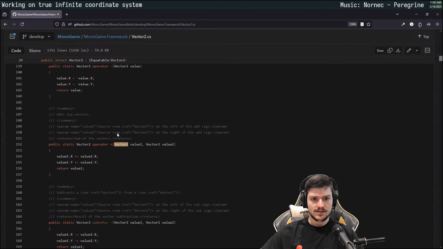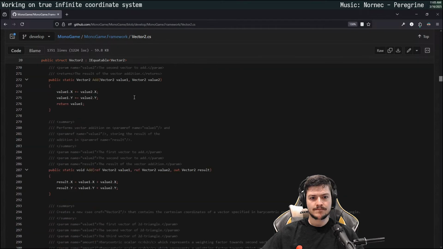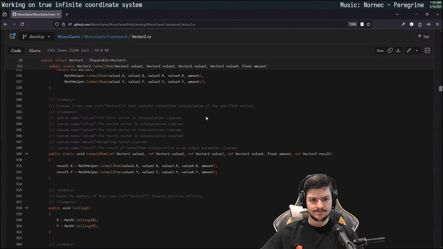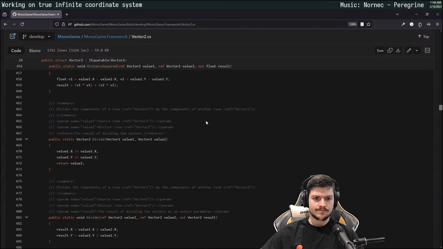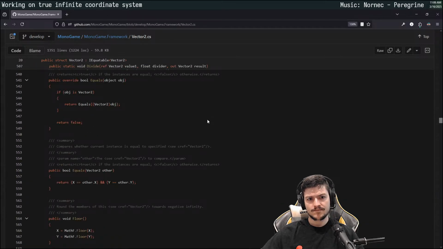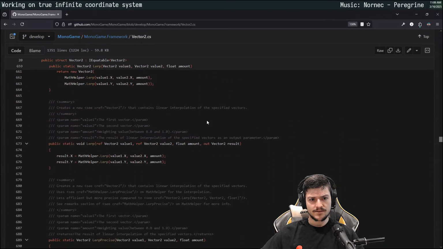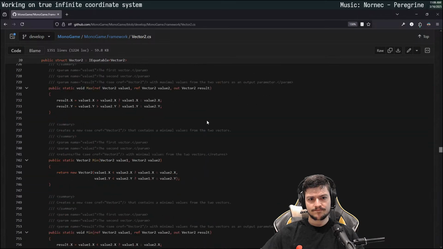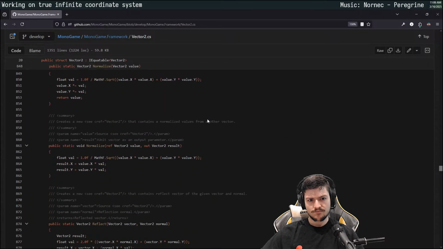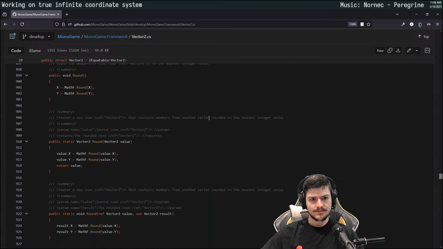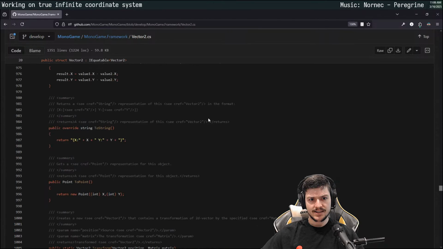Okay. Operators. There's the add. Do they have equals, length? Wrong. Subtract.